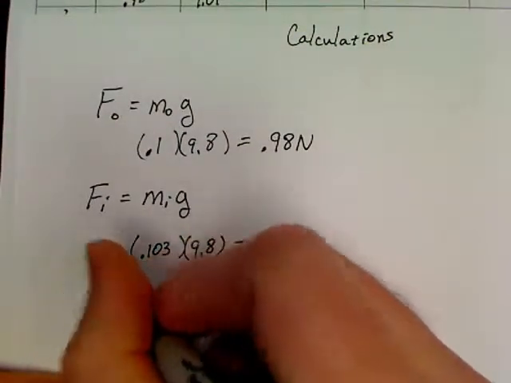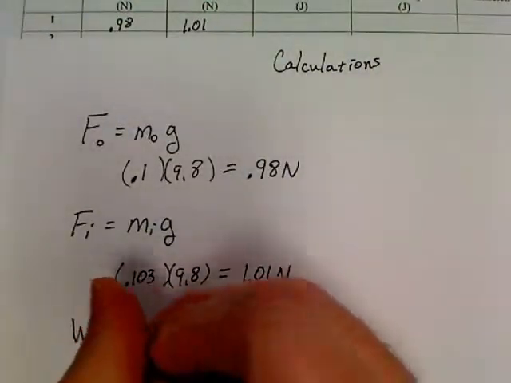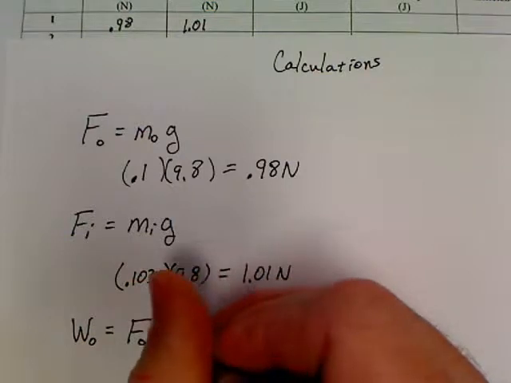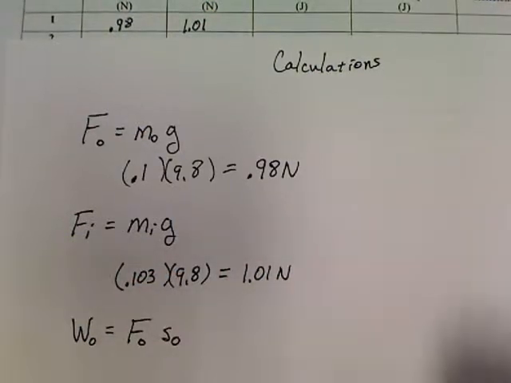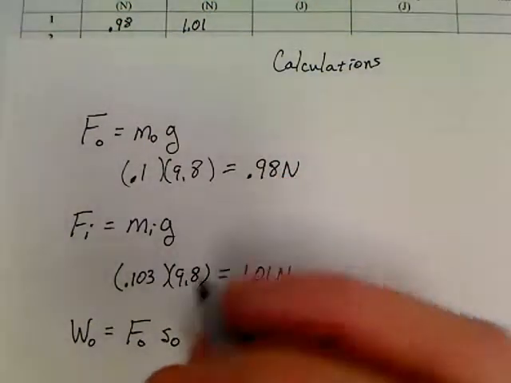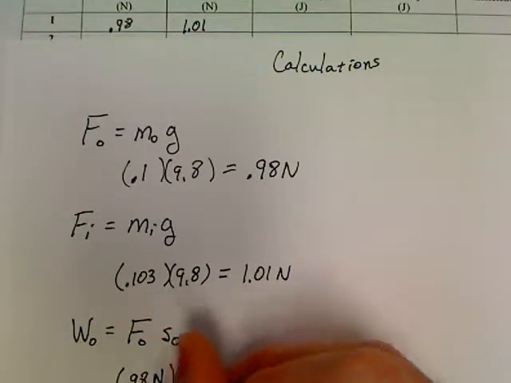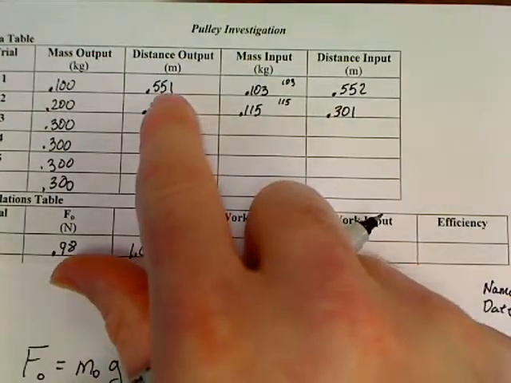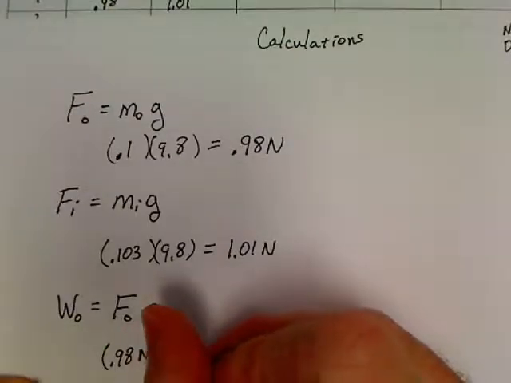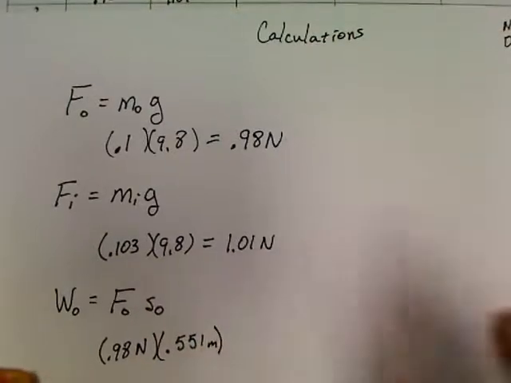Next is work. Work output would be force output times distance output. If you remember, the symbol S represents distance in physics. So my force output was 0.98 times distance output, which on the first one is 0.551, and it was meters.